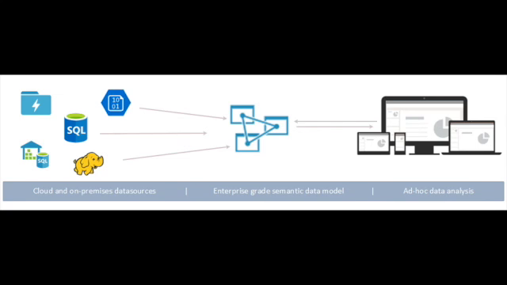Azure Analysis Services is a fully managed platform as a service that provides enterprise-grade data models in the cloud. Use advanced mashup and modeling features to combine data from multiple data sources, define metrics, and secure your data in a single, trusted tabular semantic data model.